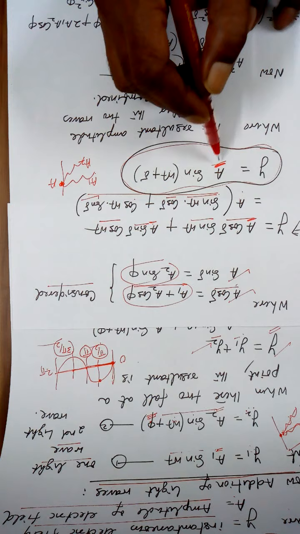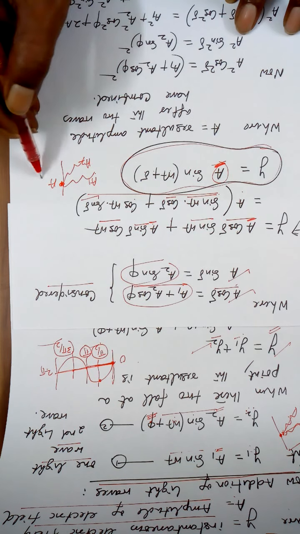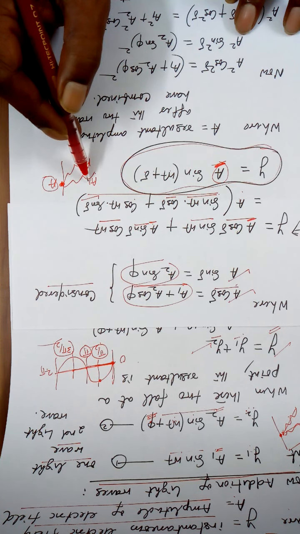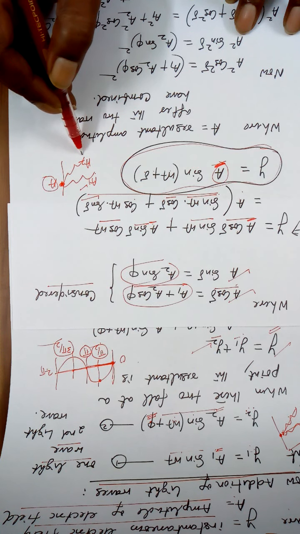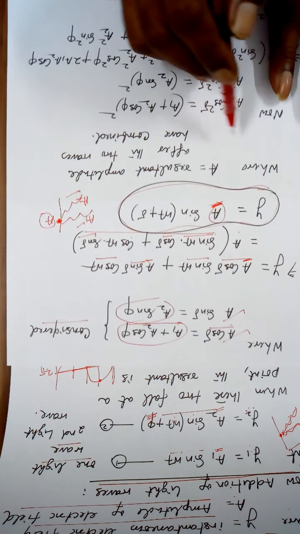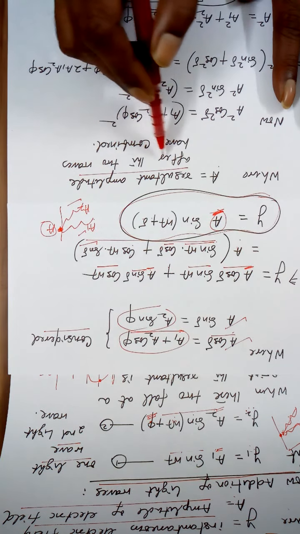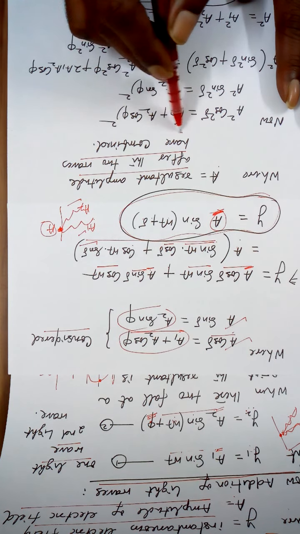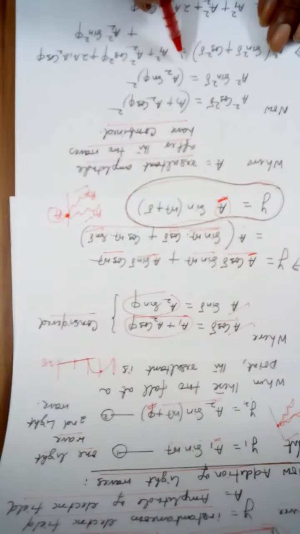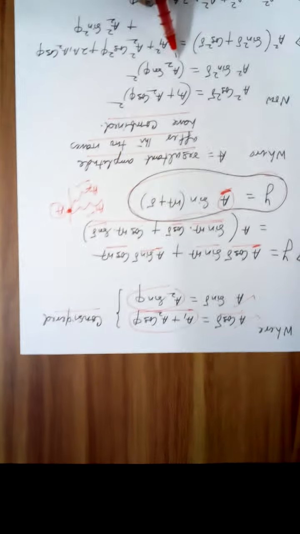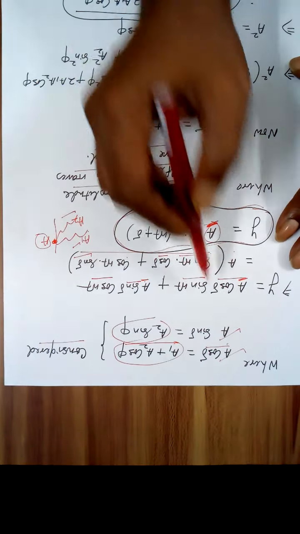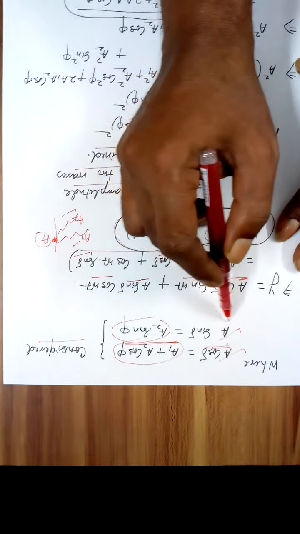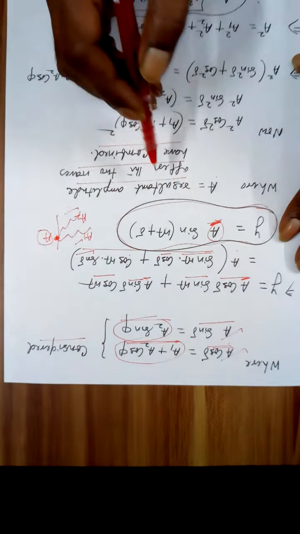Now let us see how this resultant amplitude a is related to the individual amplitudes a1 of the first wave and a2 of the second wave. Where a is equal to the resultant amplitude after the two waves have combined. We had made this substitution, that is a cos delta t is this much and a sin delta t is this much.